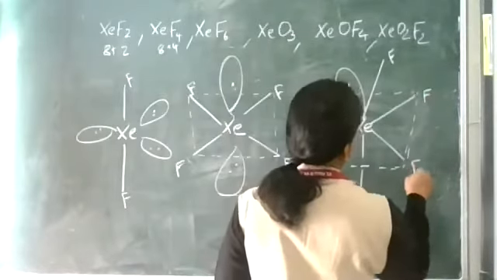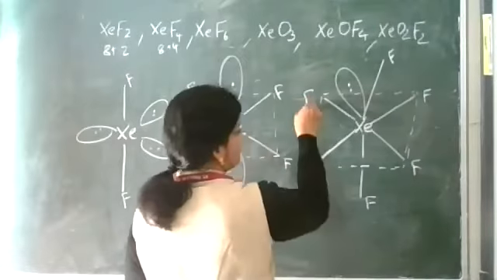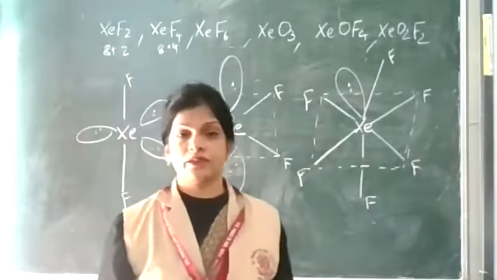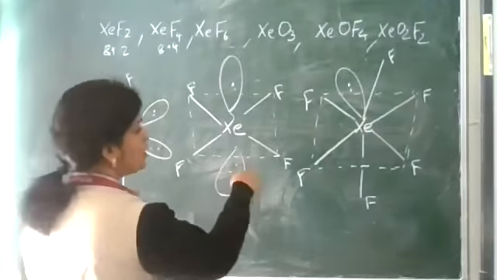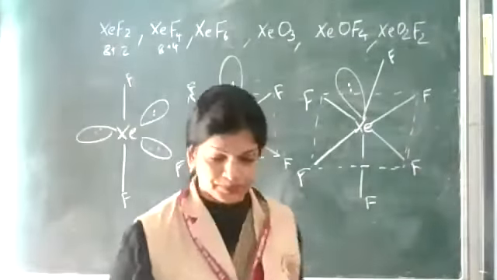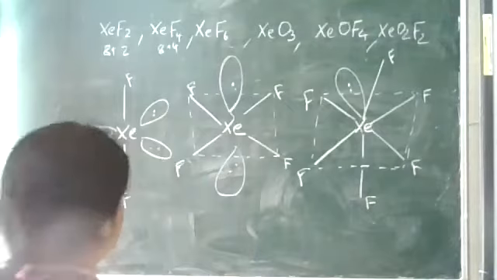So F, F, F, F, F, F. This is distorted octahedral. So XeF2 is linear, XeF4 is square planar, and XeF6 is distorted octahedral.